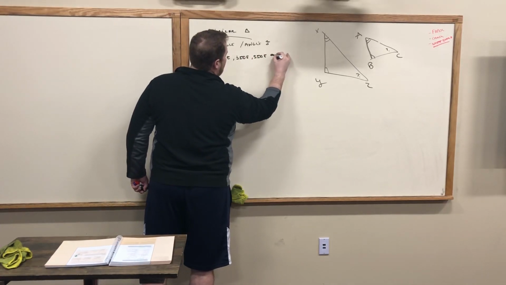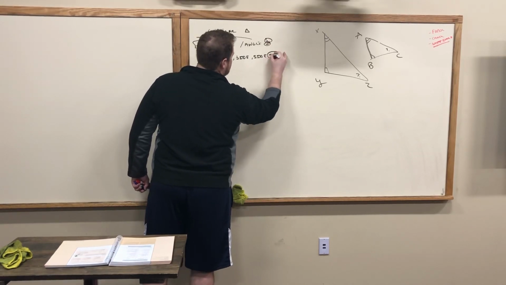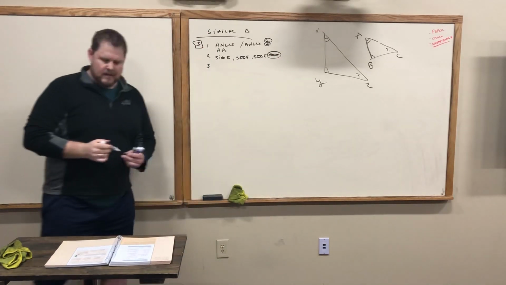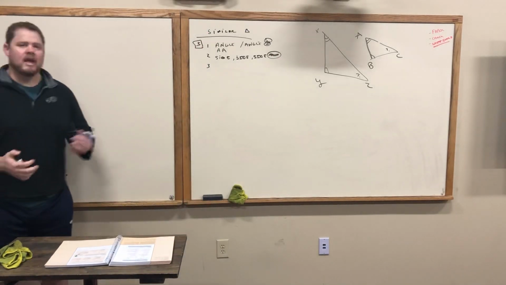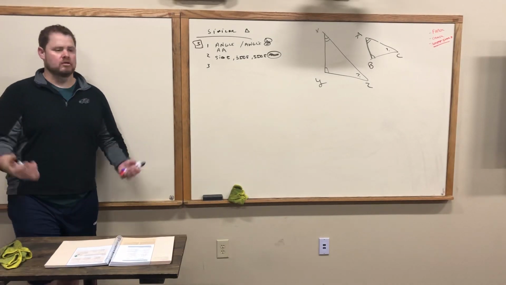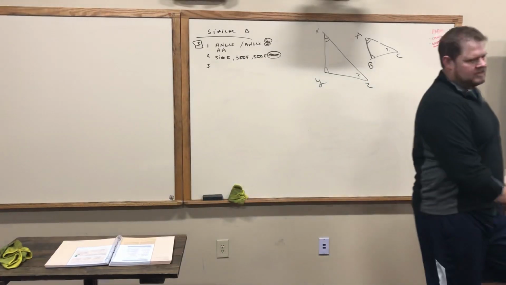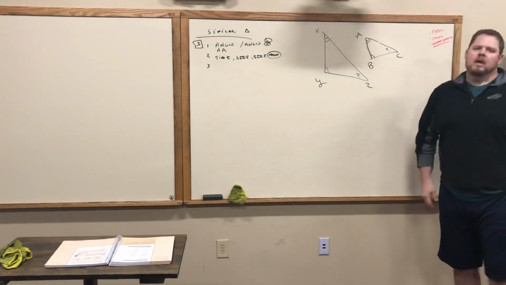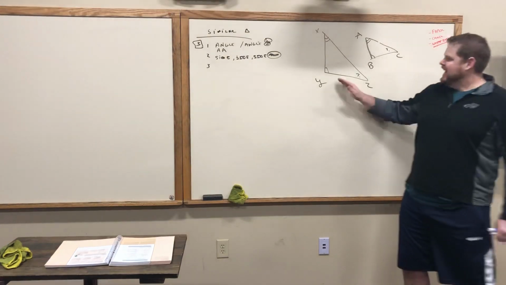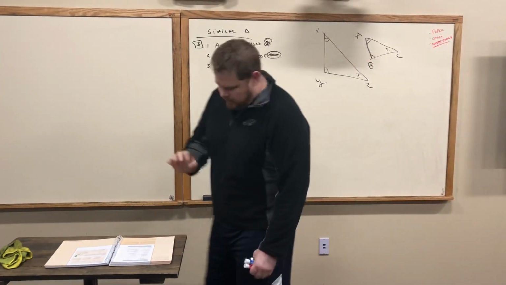So they don't have to be equal, they just have to be similar. The little symbol for similar is just the squiggly line. In other words, the sides have to be proportional. It's not about the angles now because we don't know. We just need to know that the sides being proportional, all three sets of sides being proportional, will make that true.